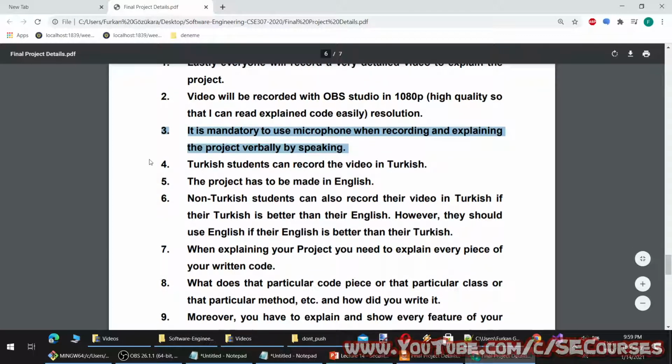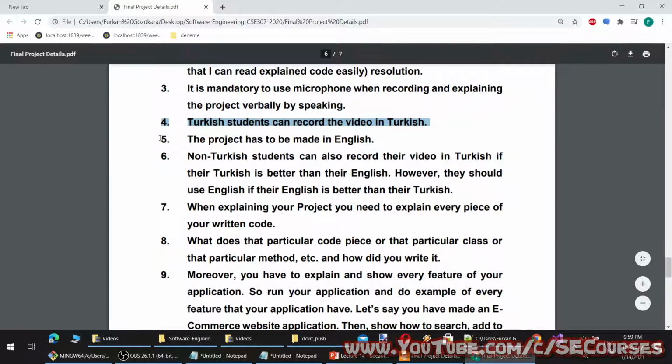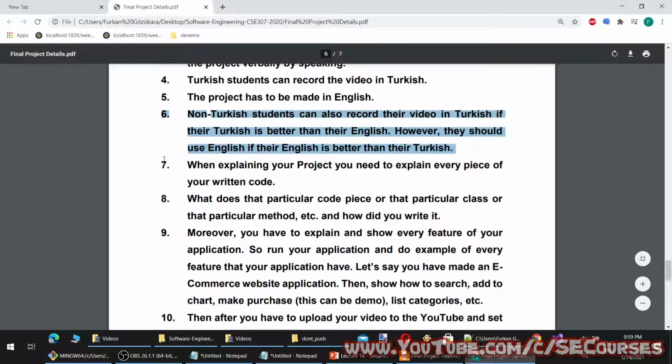It is mandatory to use a microphone when recording and explaining the project verbally by speaking. 4. Turkish students can record the video in Turkish. 5. The project has to be made in English. 6. Non-Turkish students can also record their video in Turkish if their Turkish is better than their English. However, they should use English if their English is better than their Turkish.